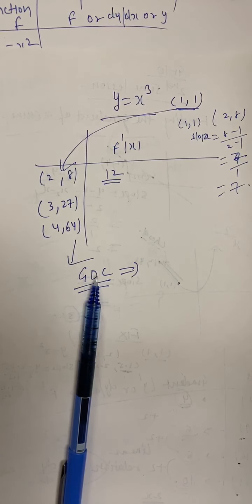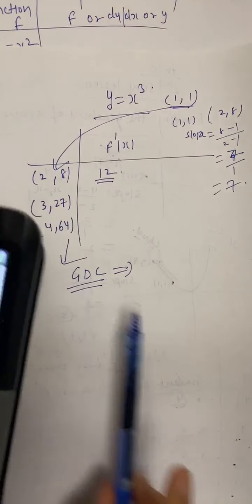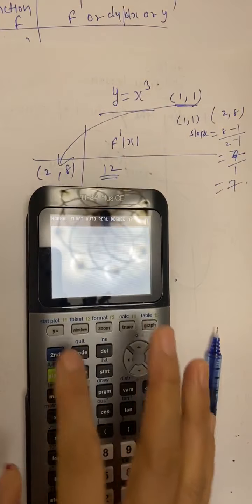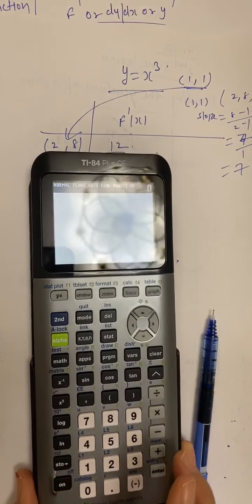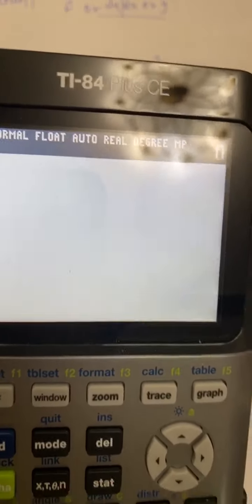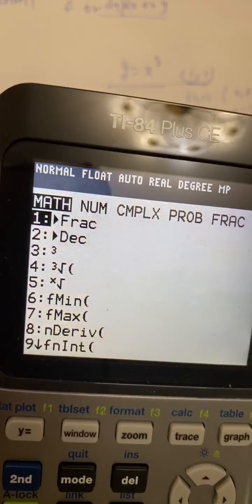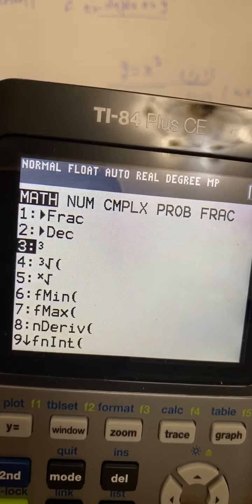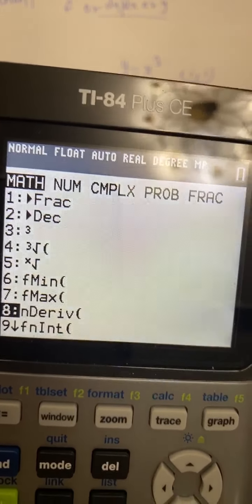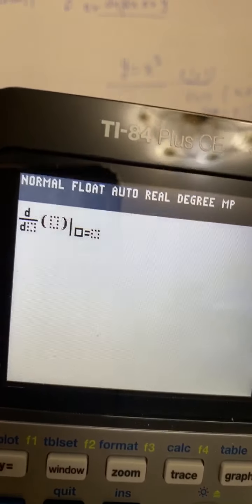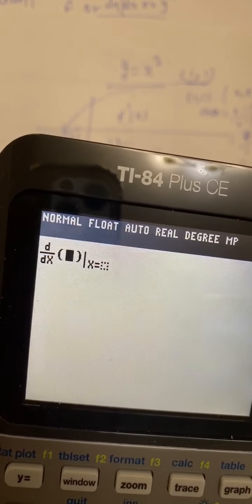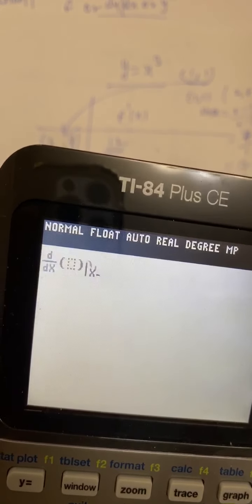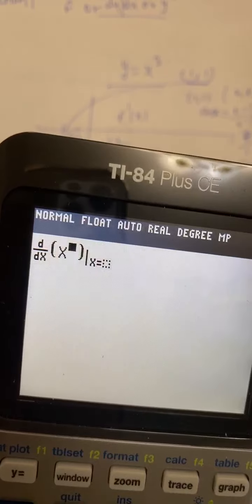Okay, so I can actually show you using the GDC. How can you use the GDC to find this out? Let me show you. If you go to math, and then number 8, I don't know whether that's number 8 in yours, and then n derivative, and we enter d dx, and our function is x cubed, so I'm going to do x raised to power 3.